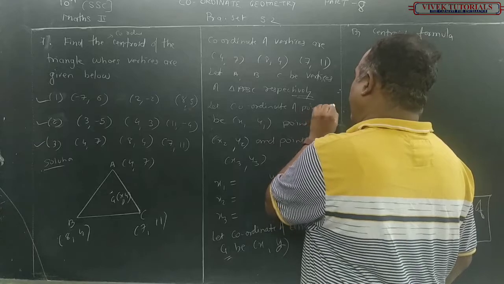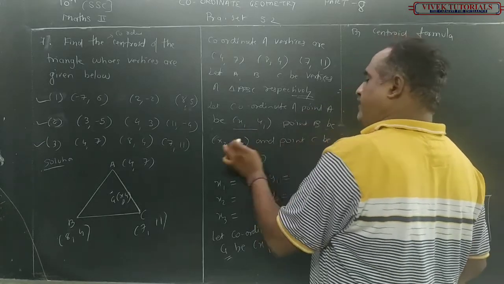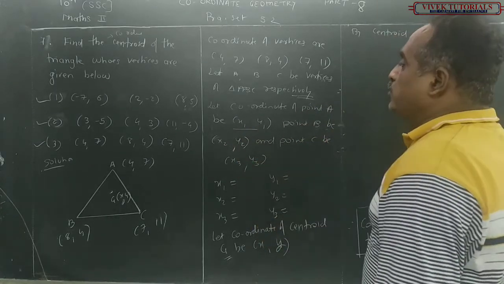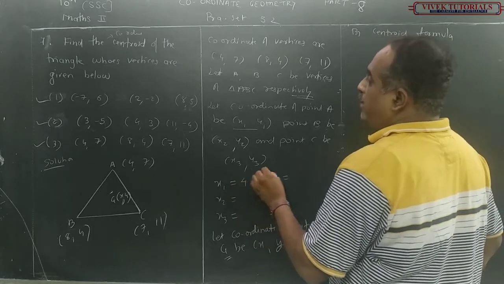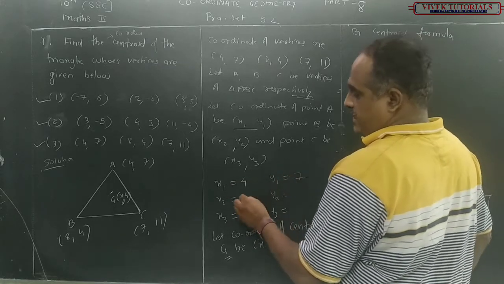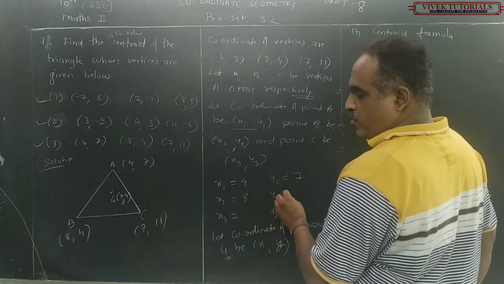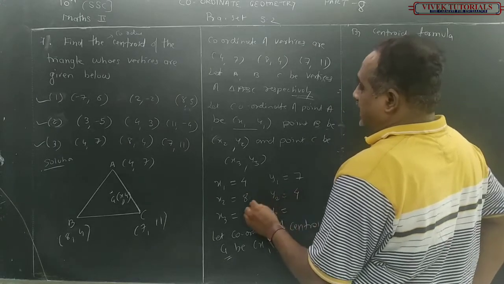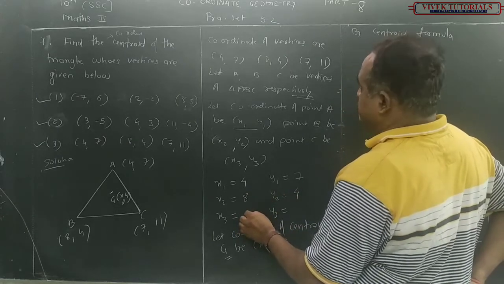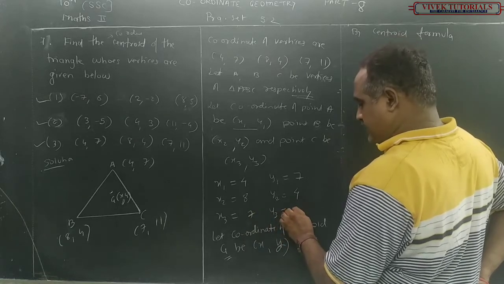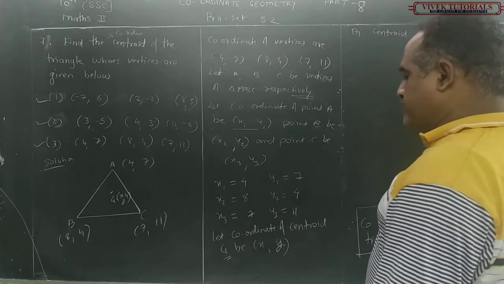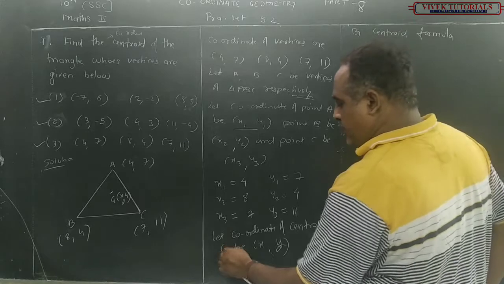Coordinate of point A be x1, y1, B will be x2, y2 and C will be x3, y3. What is the value of x1? 4, y1 is 7, x2 is 8, y2 is 4, x3 is 7, y3 is 11. The coordinate of the centroid G be x, y.